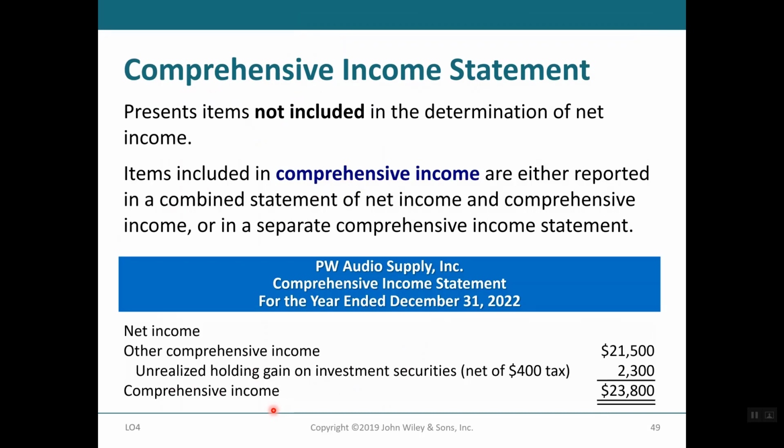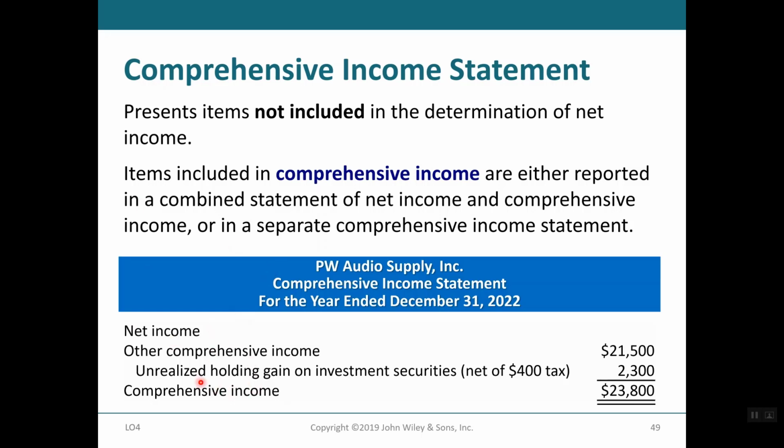The comprehensive income statement presents items not included in the determination of net income. Items included in comprehensive income are either reported in a combined statement of net income and comprehensive income, or in a separate comprehensive income statement. So this is an example of what comprehensive income looks like.